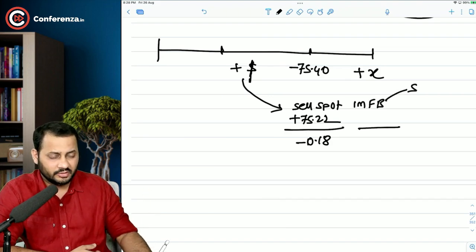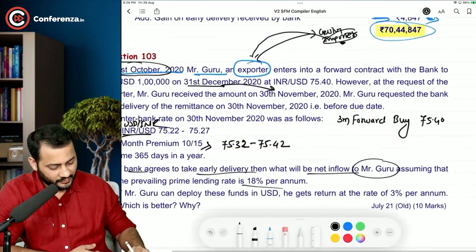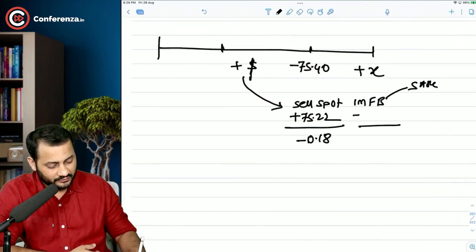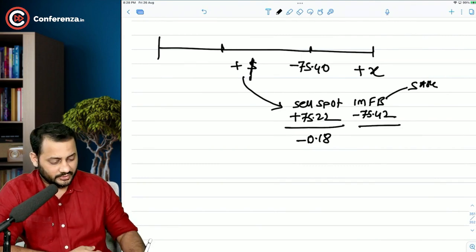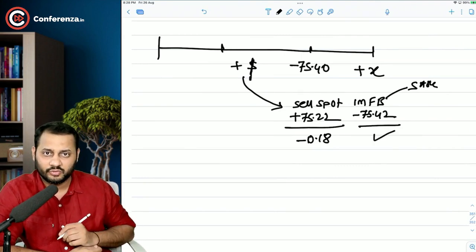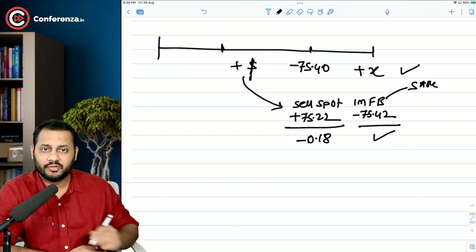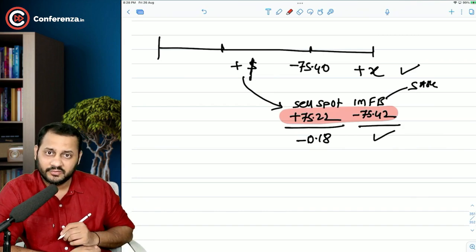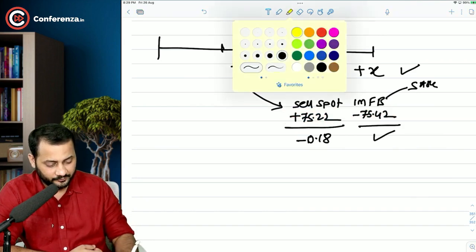That means the other bank will sell it. Ask rate will be applicable. What is the rate applicable? Ask rate 75.42. We are going to buy it at 75.42. So whatever is the profit or loss, this is also going to be recovered. Whatever is the profit from this will also be recovered. And all these can be recovered by taking the difference between these two. You know that very clearly.